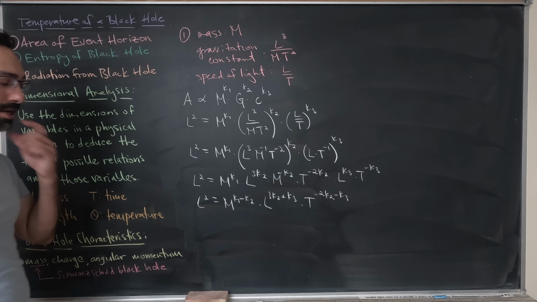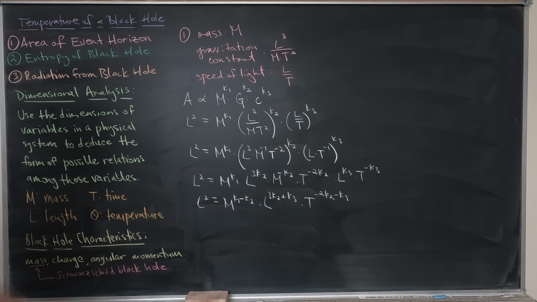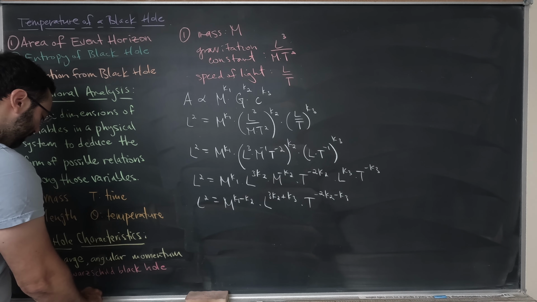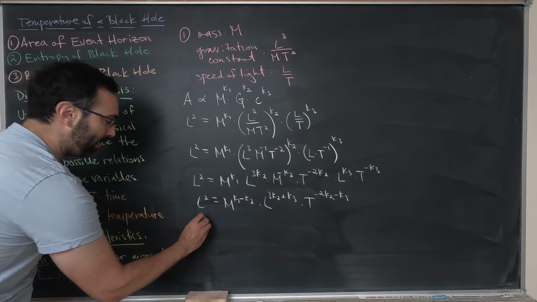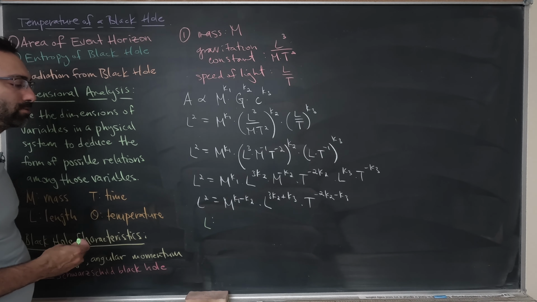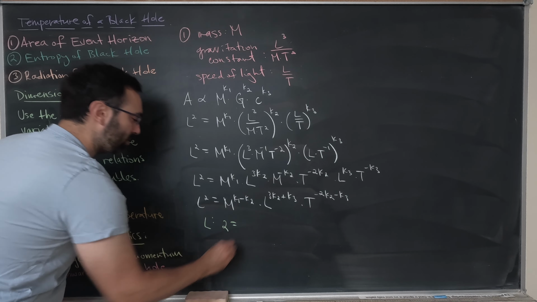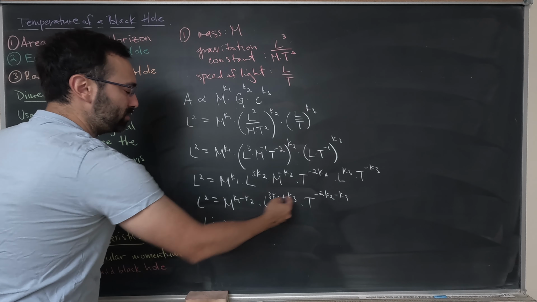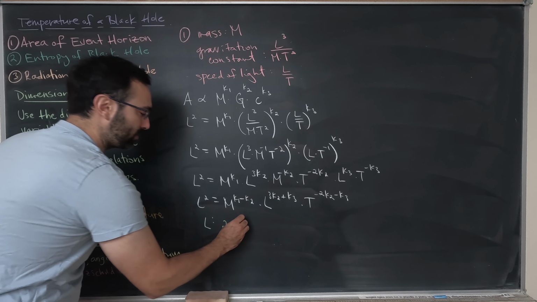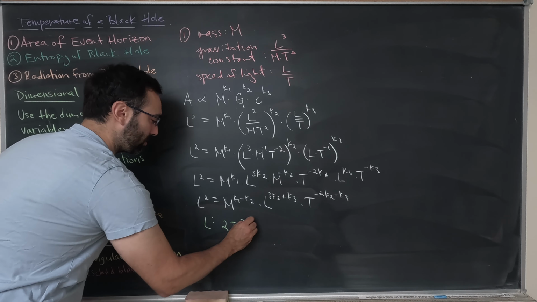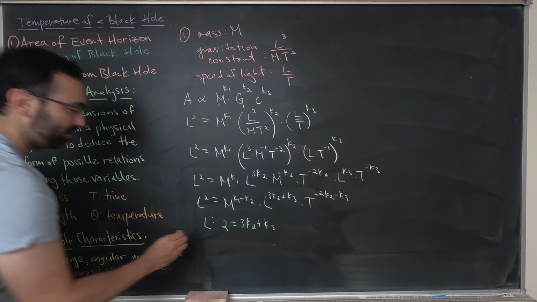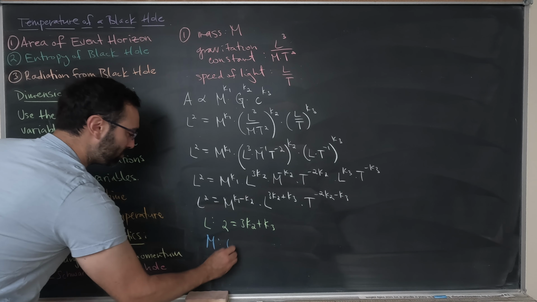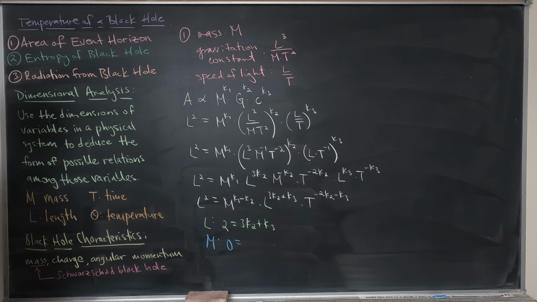So let's equate exponents on the left and the right. On the left-hand side, for L, our exponent is 2. On the right-hand side, our exponent is 3k2 plus k3. Now, on the left-hand side, for the mass, the exponent we have there is 0. But on the right, the exponent is k1 minus k2.